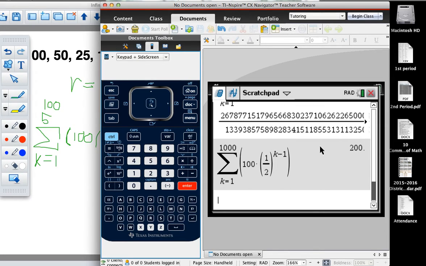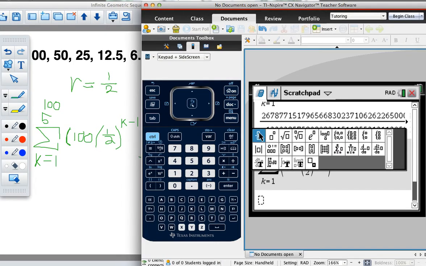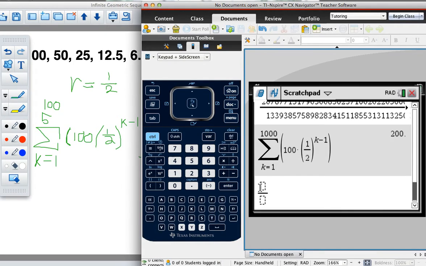Remember the infinite geometric series formula that I showed you in class today? We find that when our rate is a fraction that's less than 1, then we can use that infinite geometric series formula, which is a fraction with your a sub 1 up here. My a sub 1 in this case was 100.